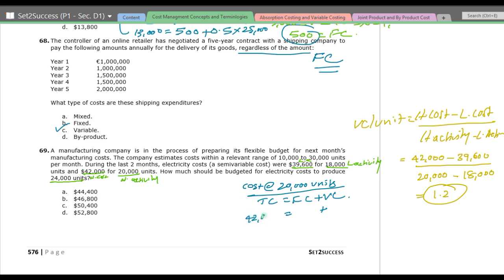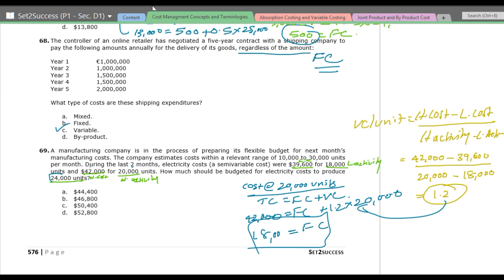We found the variable cost is 1.2, multiplied by 20,000 units. So fixed cost comes to be 18,000. Fixed cost is 18,000.